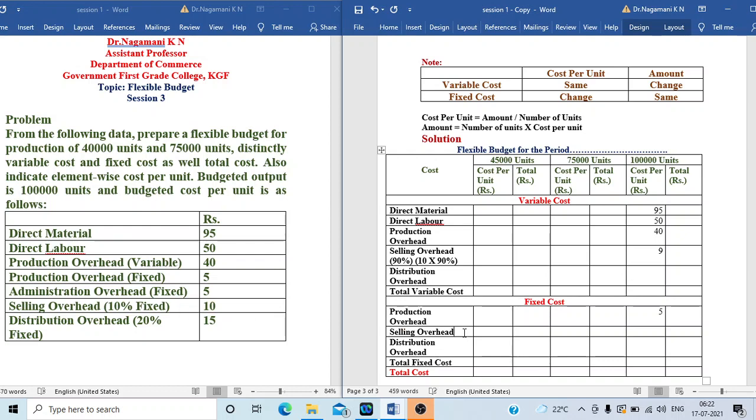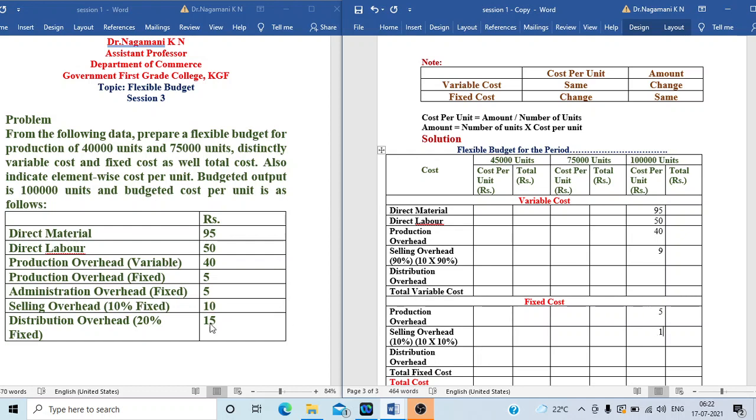Here under the fixed cost heading I am writing 10% is fixed. Okay, 10 into 10% means 1.